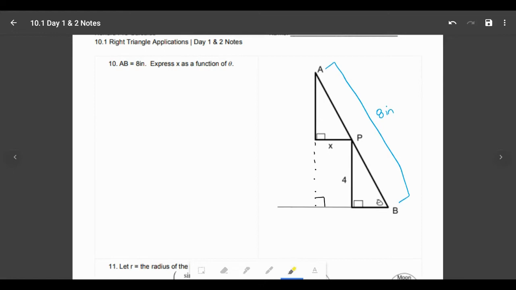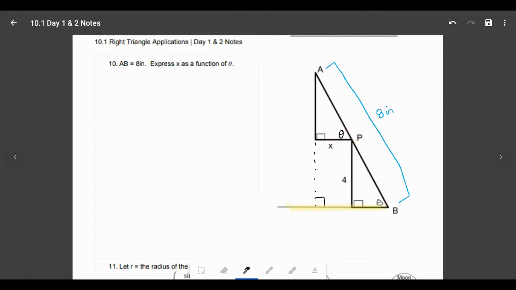So I know that this line here and this line here are parallel. Okay, well, if those are parallel and line AB is my transversal, if angle B is theta, then this angle in this other triangle with a vertex of P should also be theta.